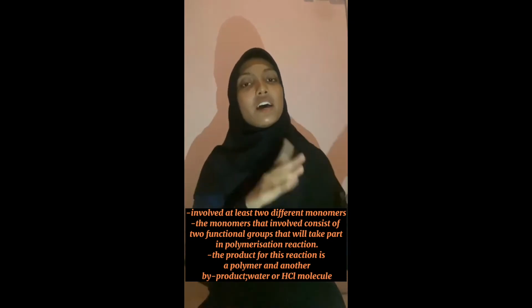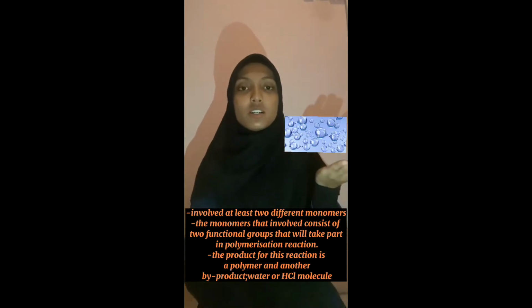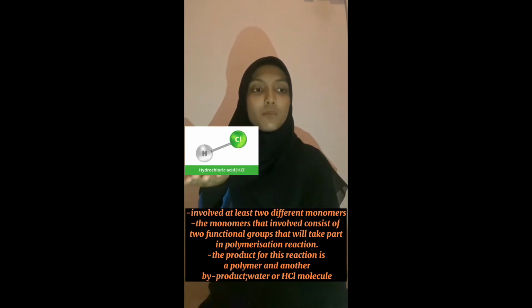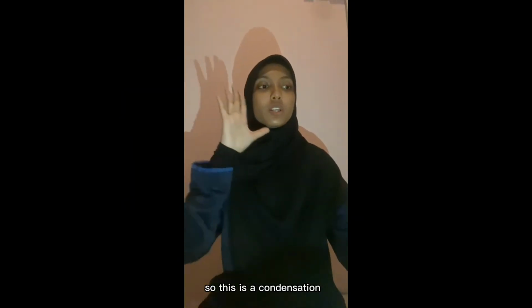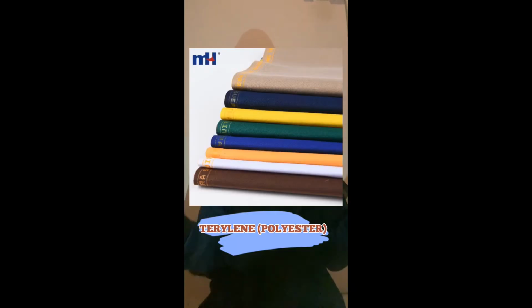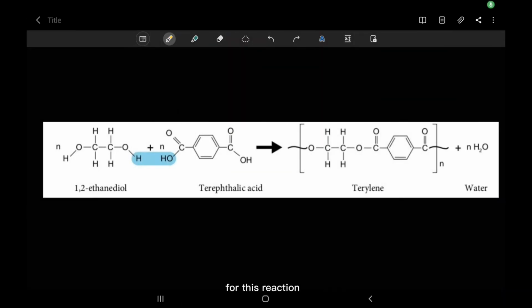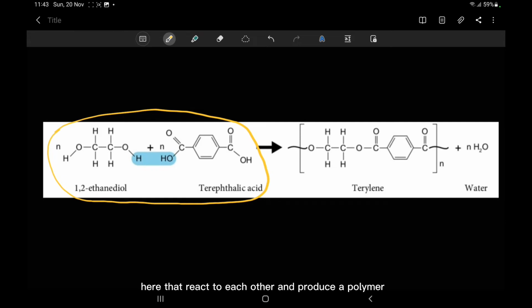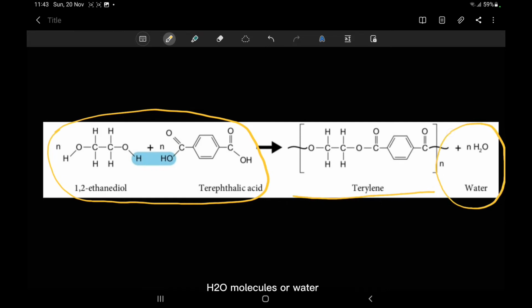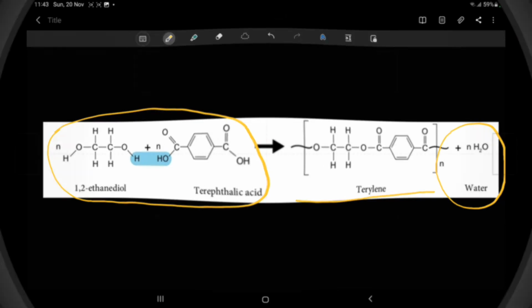The product of this reaction is a polymer and another byproduct, which is a water molecule or HCl, hydrochloric acid. So this is a condensation polymerization reaction to produce terylene, which is a type of polyester. For this reaction, there are chemicals right here that react with each other and produce a polymer, terylene, and a byproduct, H2O molecules or water.